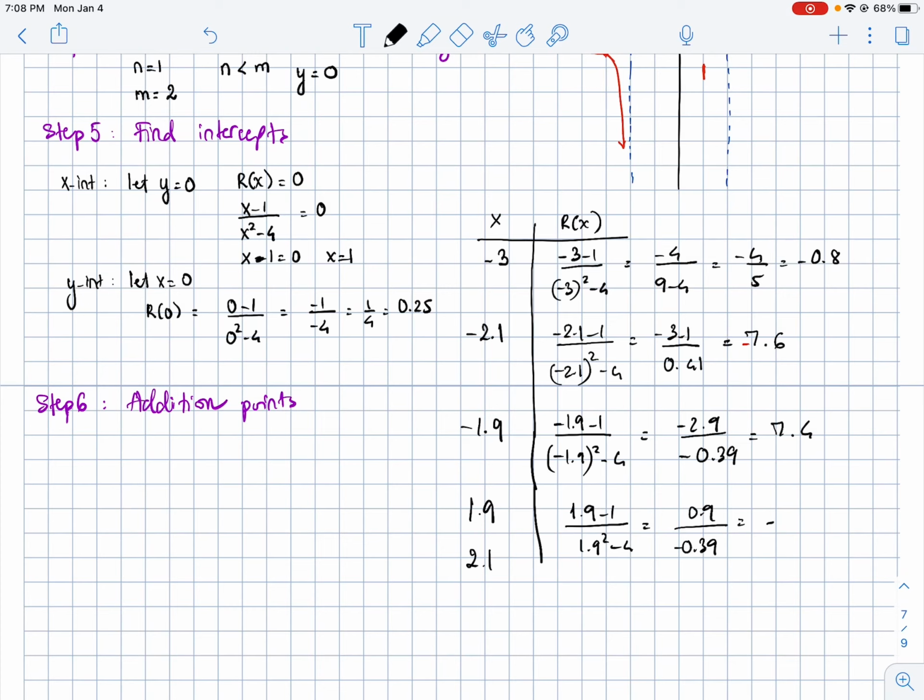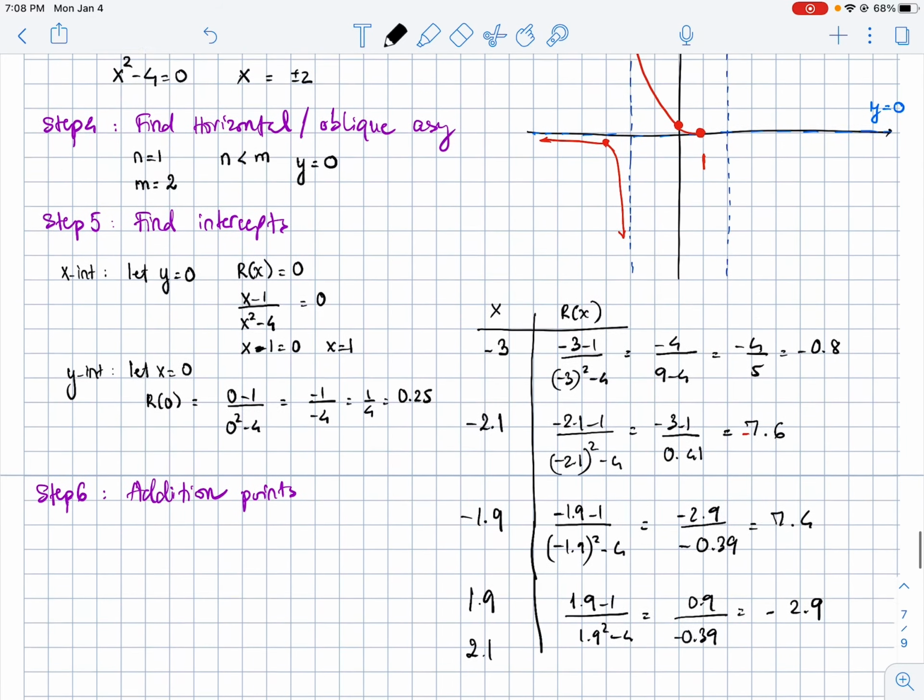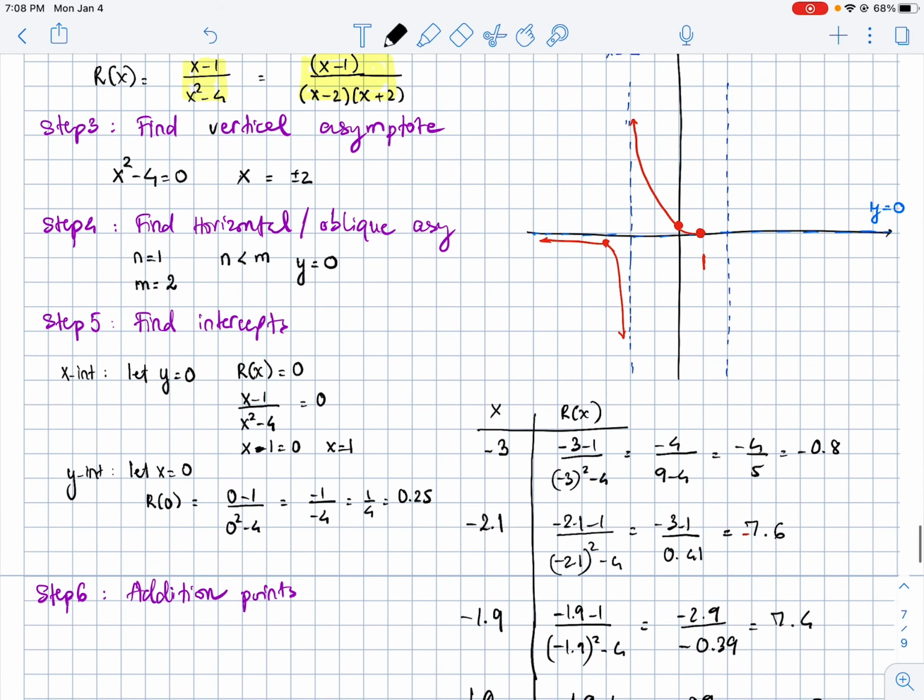We got the answer is negative 2.3. So 1.9, negative 2.3. If you plot that point, it is somewhere right here. So you just connect to this and draw it approaching the vertical asymptote.